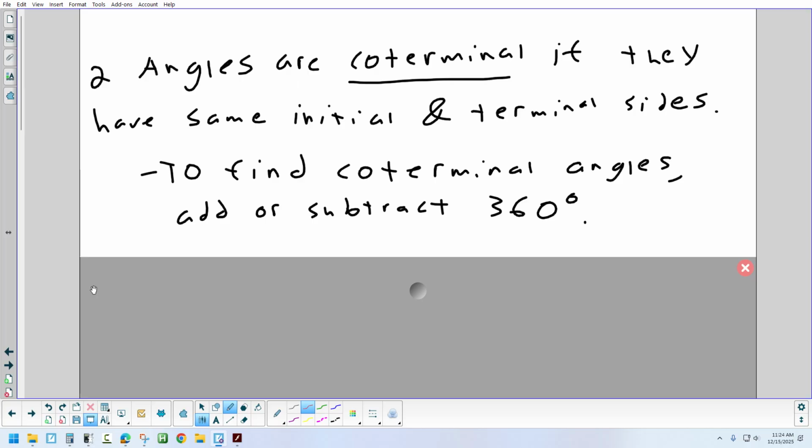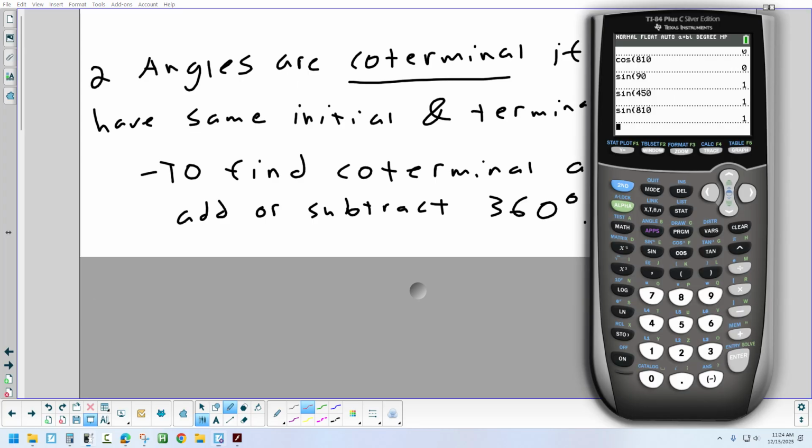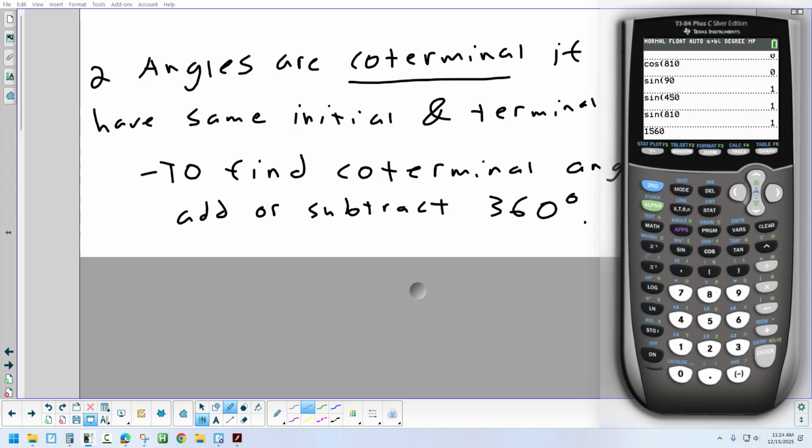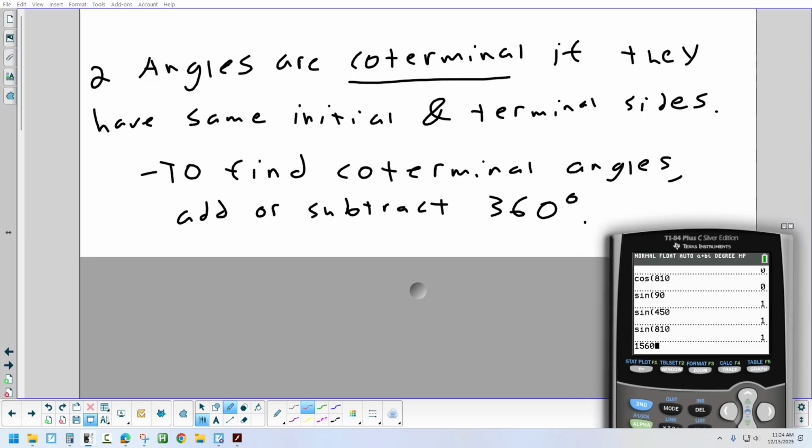But the advantage of a coterminal angle is it can be easier to work with than the given angle. So let's say I gave you an angle like 1,560 degrees, and I ask you to do something with it. Well, have you gone around the circle more than once?